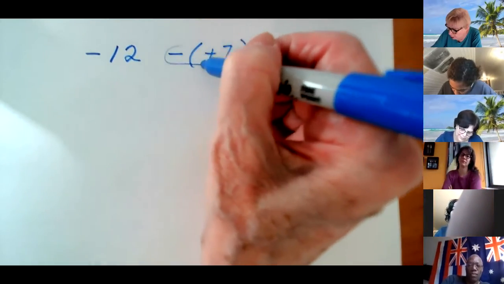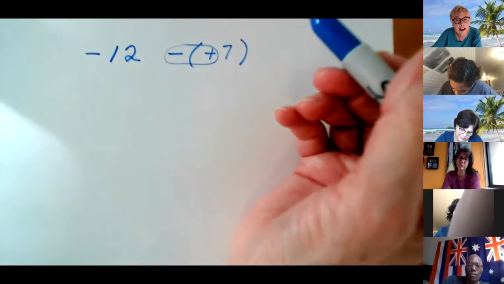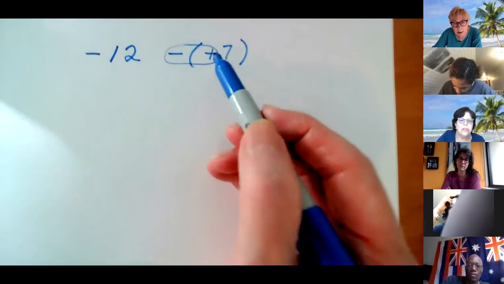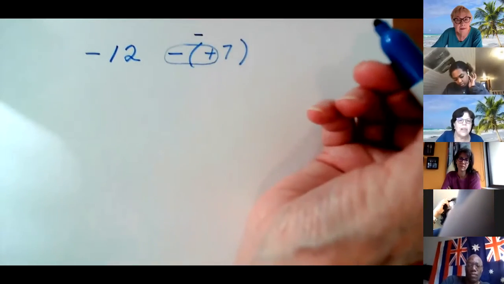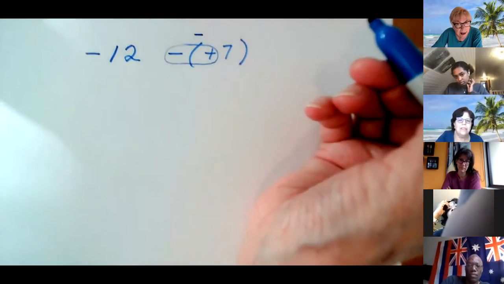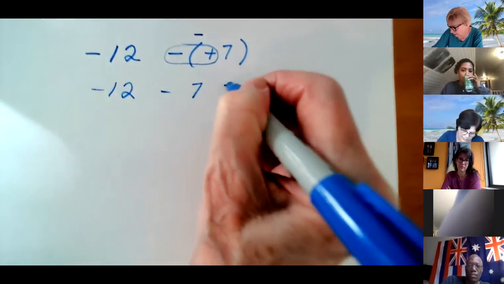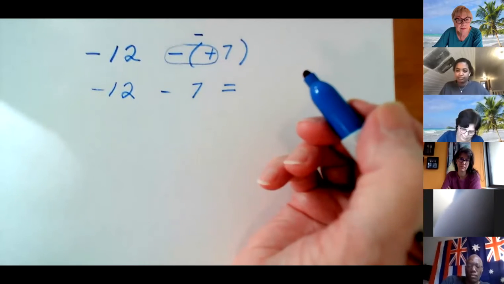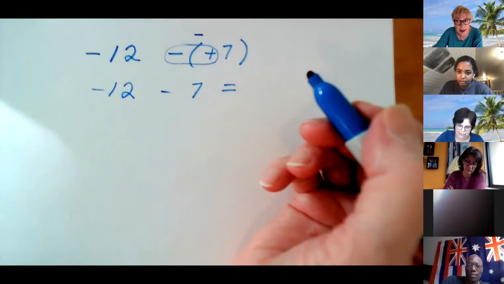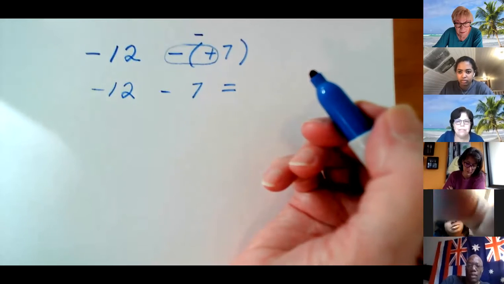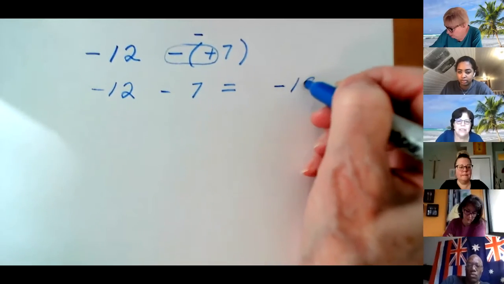Another approach: a negative times a positive will end up being negative. So this actually is negative 12, negative 7, and your answer is negative 19. That makes sense.